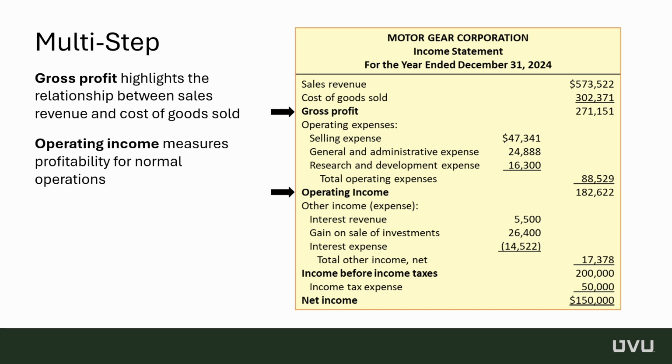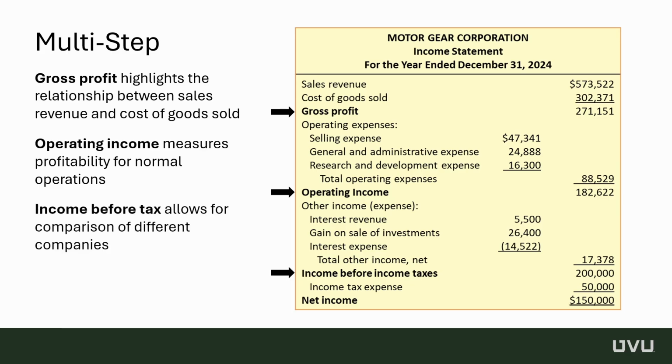Operating income measures profitability from normal operations before considering items like interest and taxes and other non-operating items. Income before taxes allows users to compare profitability before considering income tax effects. And then finally, net income reflects bottom line profitability after all revenues, expenses, gains, and losses have all been considered.